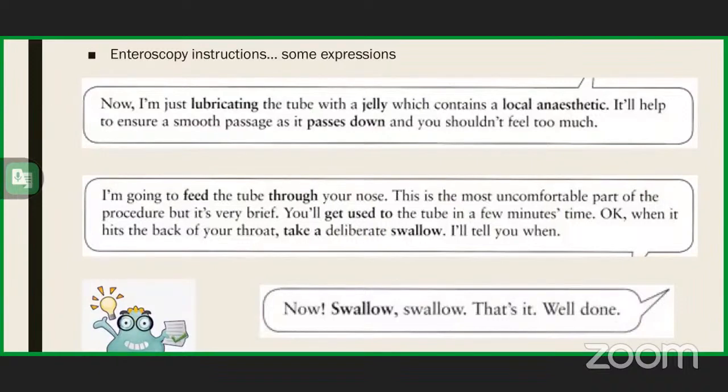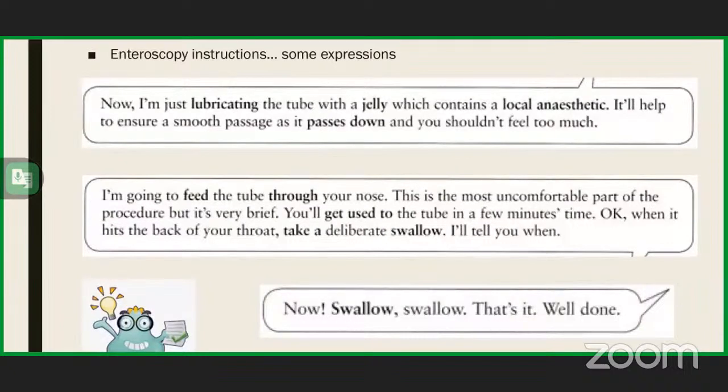This is the most uncomfortable part of the procedure, but it's very brief. You will get used to the tube in a few minutes' time. Okay, when it hits the back of your throat, take a deliberate swallow. I'll tell you when. Now, swallow, swallow. That's it, well done.